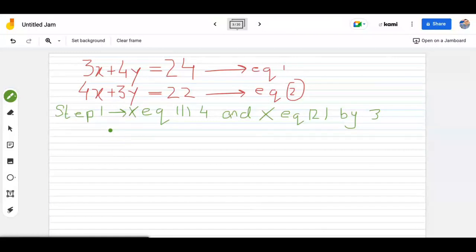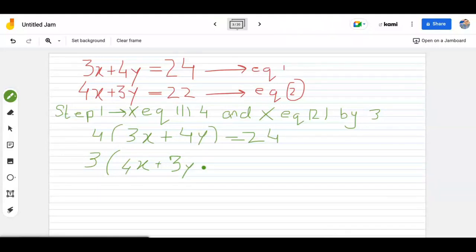Let's write equation number 1: 4 times the bracket 3x plus 4y equal to 24, and 3 times the bracket 4x plus 3y equal to 22.